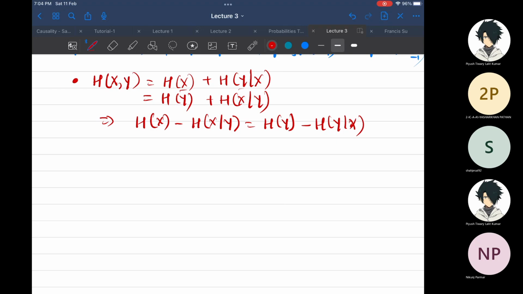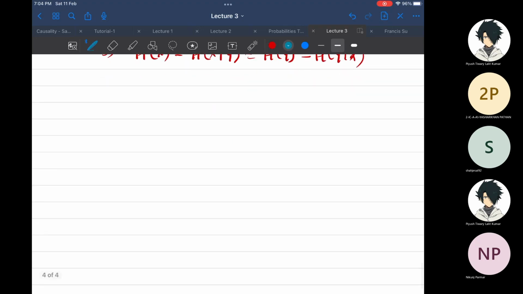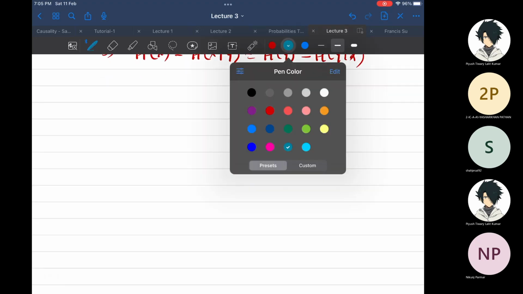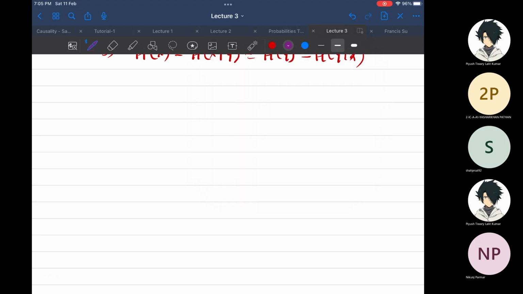Okay, so let me come to something that is very important now. In machine learning as well, we will see this thing keeps coming up. What is that thing? Let me change some colors. That is the concept of relative entropy.